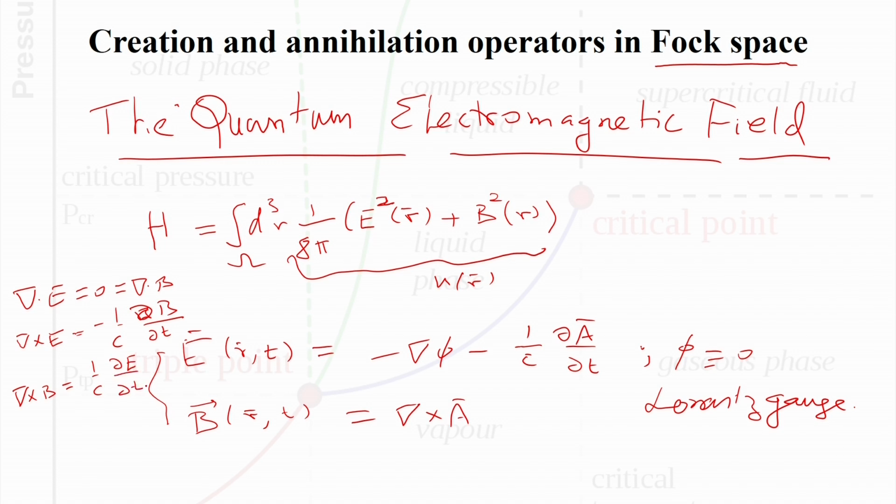Okay. So, these are the 4 Maxwell equations. Since phi is anyway 0, this term is not there. So, the divergence of A can be said to be 0 because of this gauge choice.